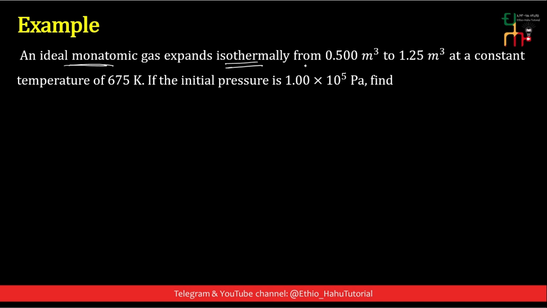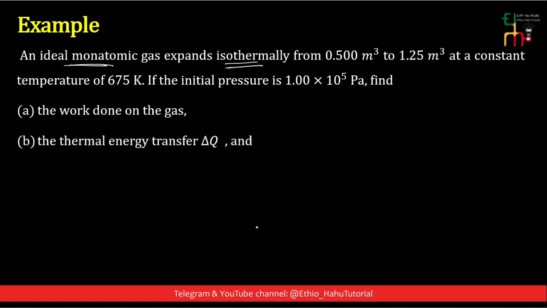Last time we saw monatomic and diatomic ideal gases. If the initial pressure is 1 times 10 to the power of 5 Pascal, find A, the work done on the gas, B, the thermal energy transfer delta Q, and C, the change in internal energy.